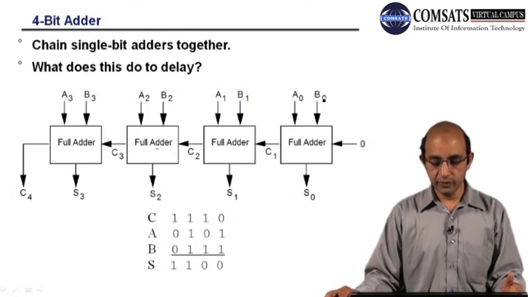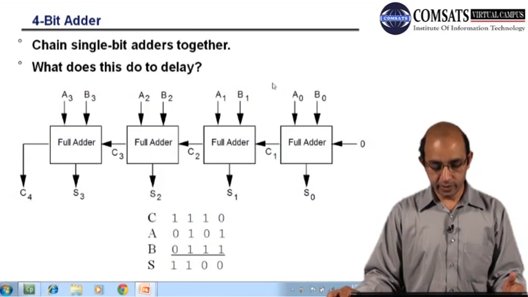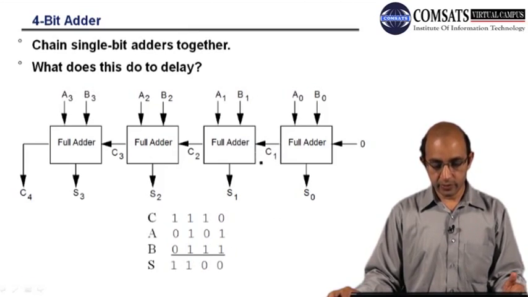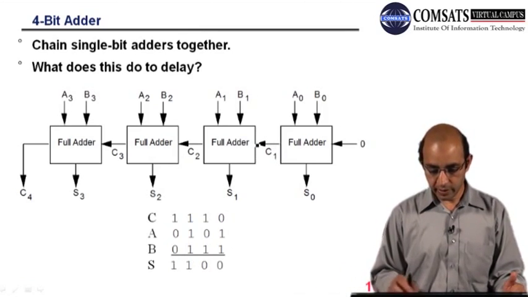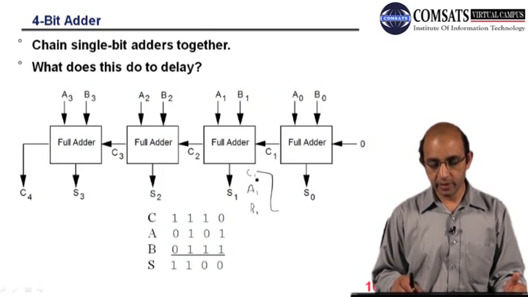So we have to add these 2 bits, and we will have a sum, then the carry has to be fetched to the next adder. So this is the carry in. If I write this, here I have A1, B1, and this carry is moved here.